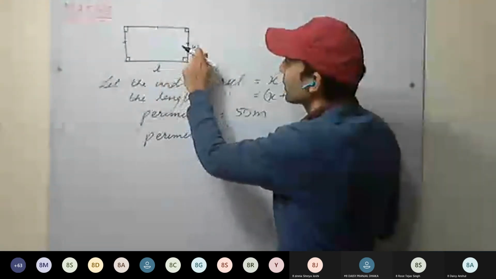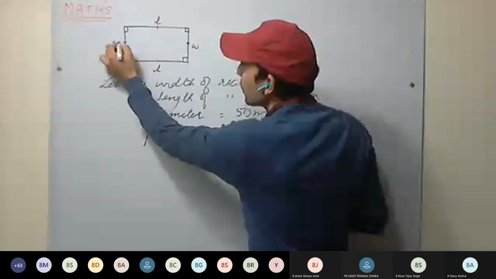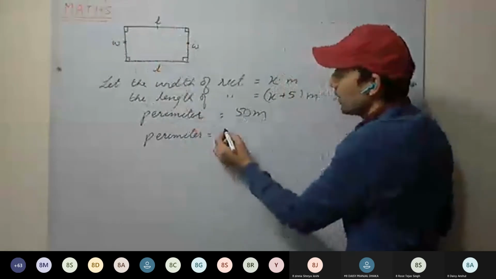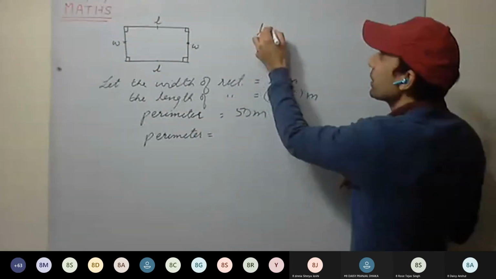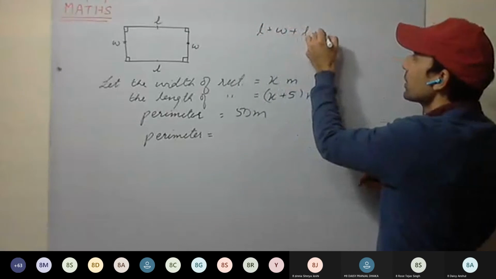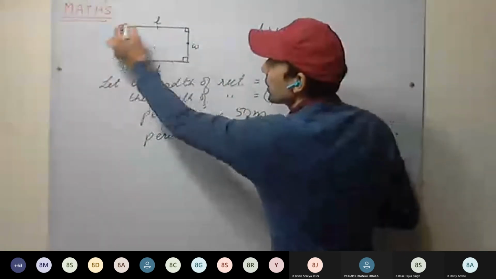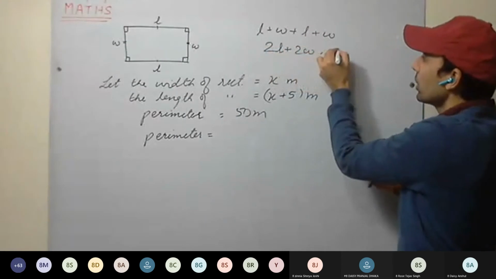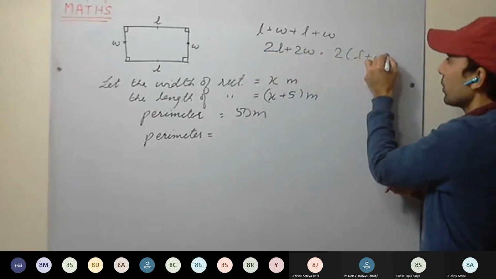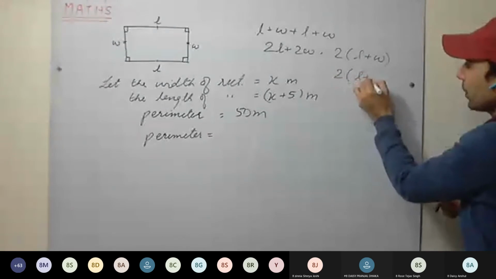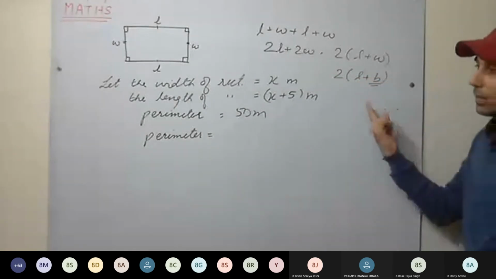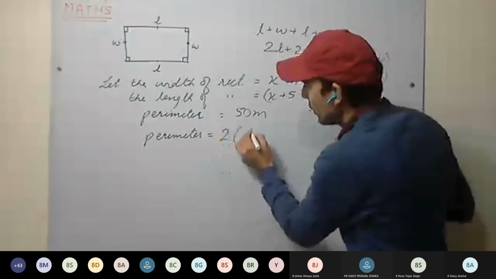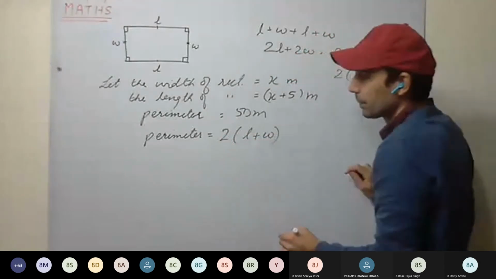That means L plus W plus L plus W. That is sum of the total boundary. So it will be 2L plus 2W, or 2 into L plus W. We used to write 2 into L plus B. So same here, 2 into L plus W.